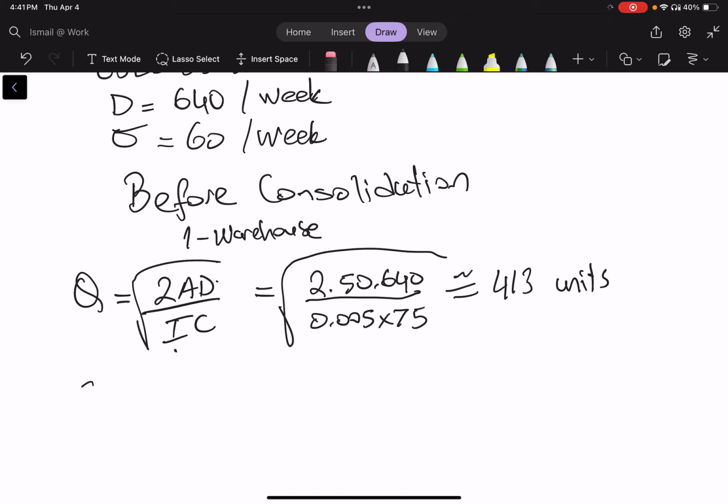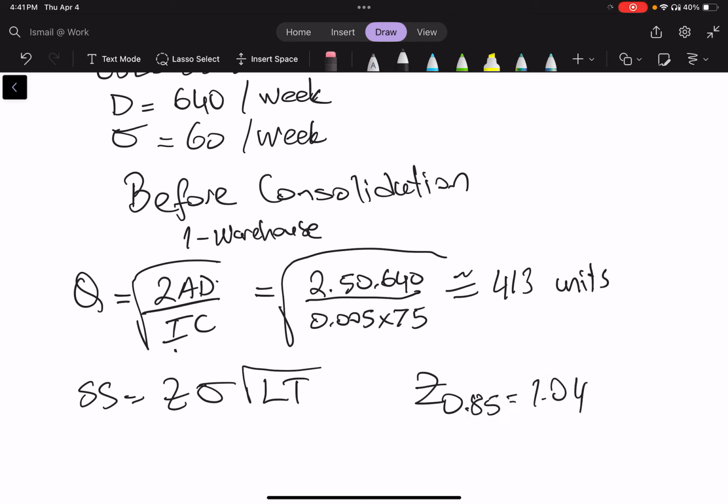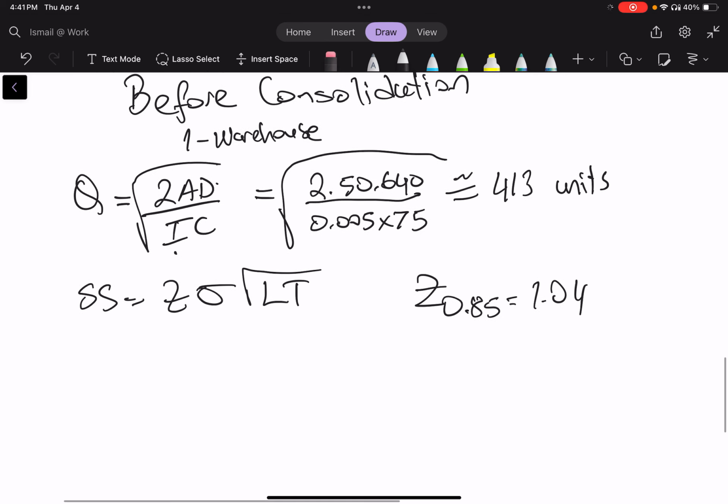Second thing I'm going to calculate is safety stock. That is Z sigma square root of lead time. Z value for 0.85 is 1.04, right? And with that, I'm going to say SS is equal to 1.04 times 60 times square root of 2.